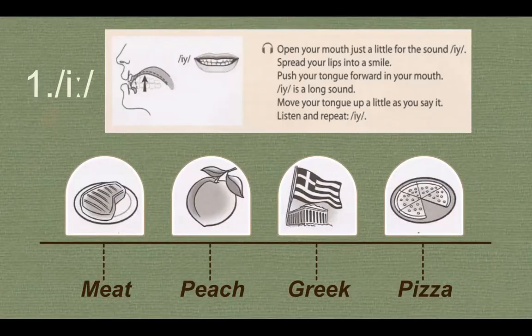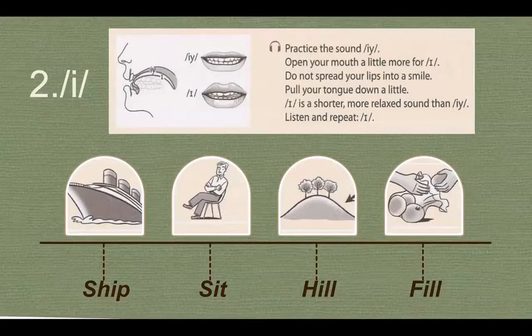We have the vowel sound /ɪ/. This sound is also practiced similarly, but it's a short sound. To practice this sound, you also practice the sound /i:/. However, you need to open your mouth a little more for /ɪ/. Do not split your lips into a smile. Pull your tongue down a little. /ɪ/ is a shorter and more relaxed sound than /i:/.